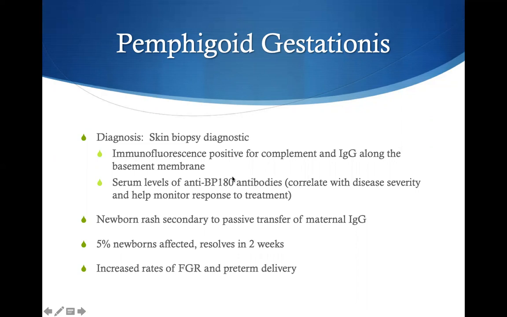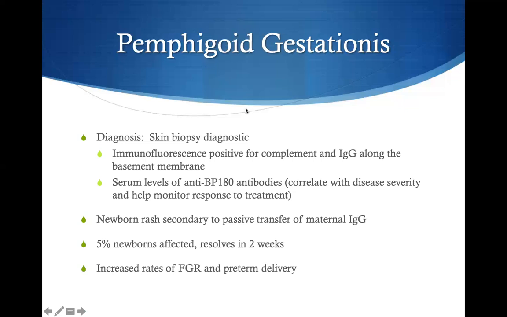This condition is associated with a newborn rash secondary to passive transfer of maternal antibodies, seen in about 5% of newborns. It can look quite striking, but it will resolve without treatment, usually in about 2 weeks. This condition is the one that is associated with fetal effects besides a rash.